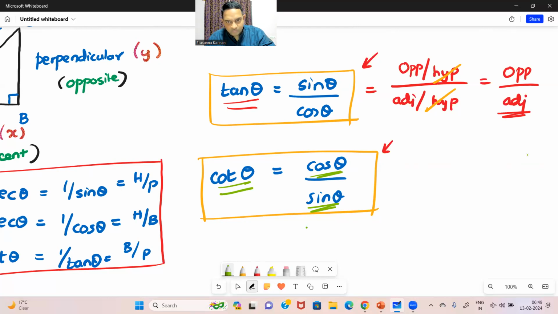Similarly, your cot theta is what? Base by perpendicular. How do you get it? Because cos theta is nothing but base by hypotenuse, and sin theta is perpendicular by hypotenuse.